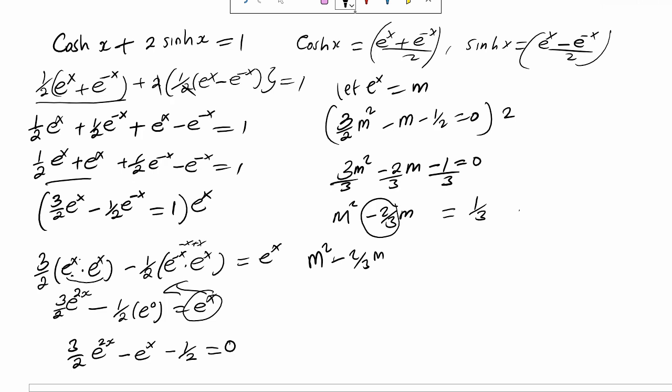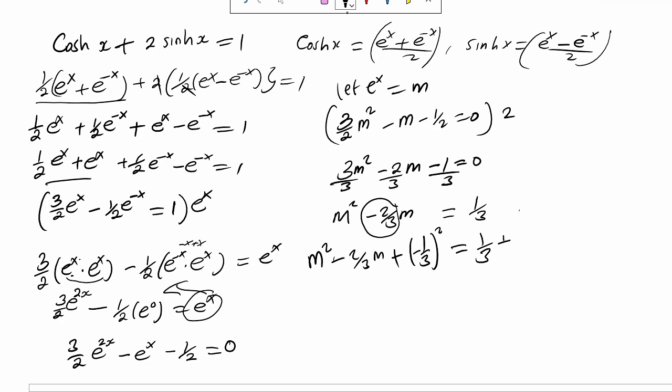So we shall be adding, now half of 2/3 is a third, because of 2 over 6. 2 over 6 is the same as 1 over 3. So half of 2/3 is actually a third, or 1/3, and this one is squared.